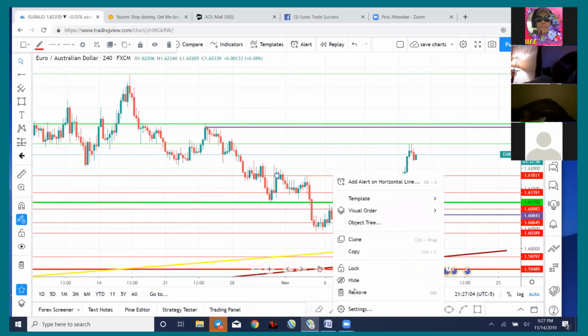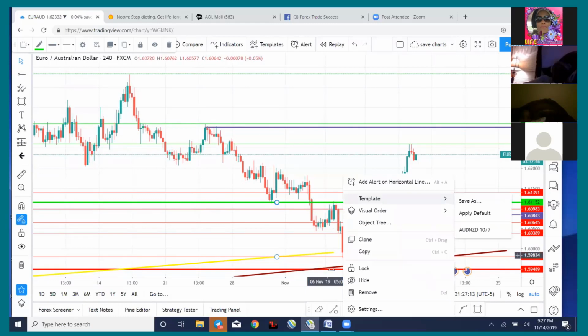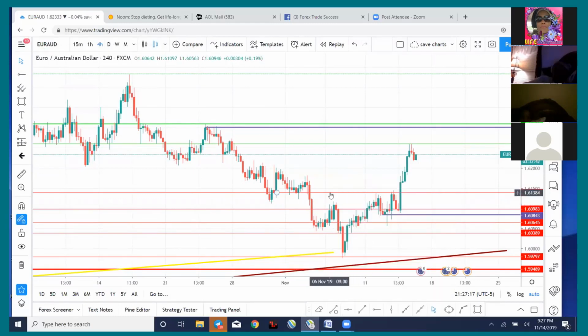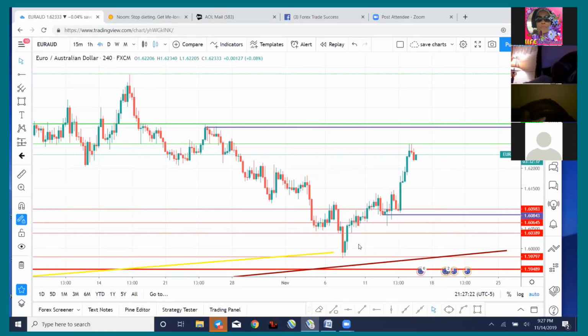When price gets here, it's going to stop, because when it got here before, it stopped. So you don't want to have too many lines. Let's delete some of these lines and only keep the major ones. But what you did is okay, because you teach your eyes to see those little areas. Even if it's a little bump, you still see it.